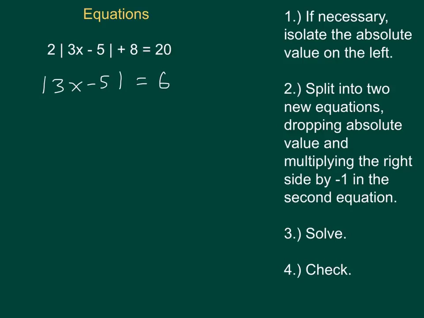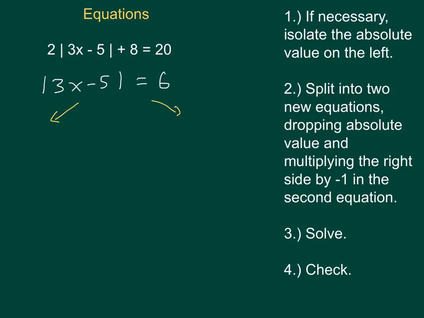And now step 2, we want to split into 2 new equations, dropping the absolute value, and multiplying the right side by -1 in the second equation. What does that mean? All right, so we're going to split this into 2 different equations. And this is because, like I said before, if the absolute value equals a positive number, we're going to have 2 solutions.